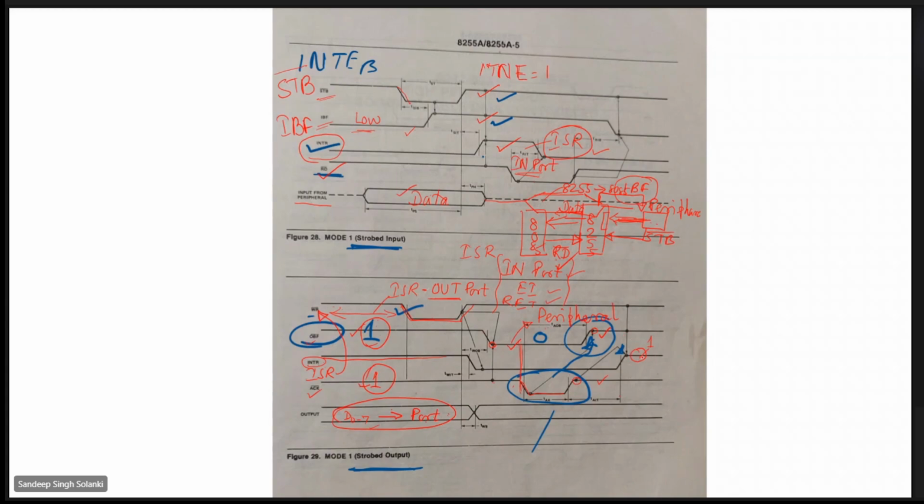So when your acknowledge is high and OBF is high, only then your INTR becomes high. Once it is high, again you have the write signal, and this part is the port sending data to the peripheral. During this time, the port data is being sent to the peripheral.